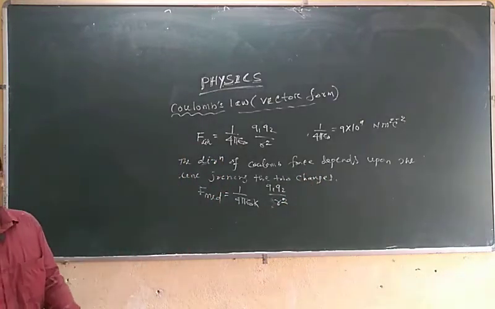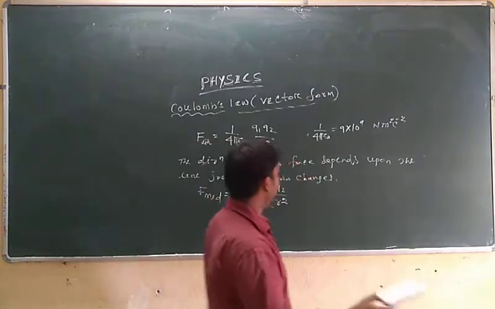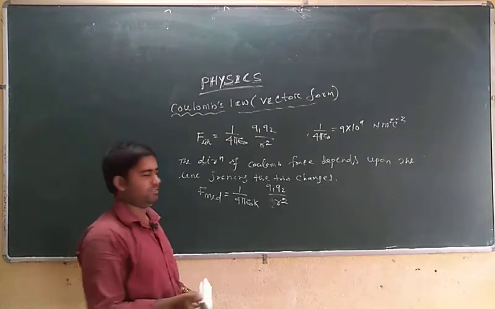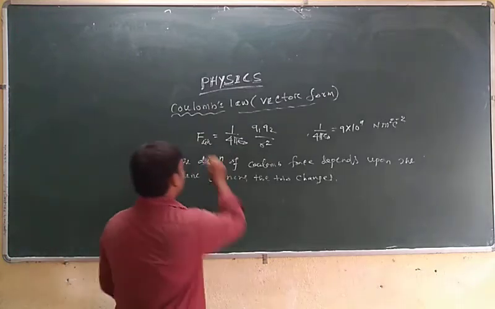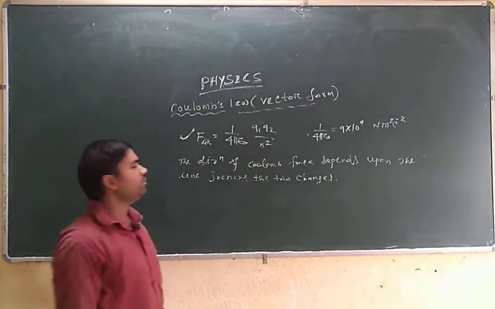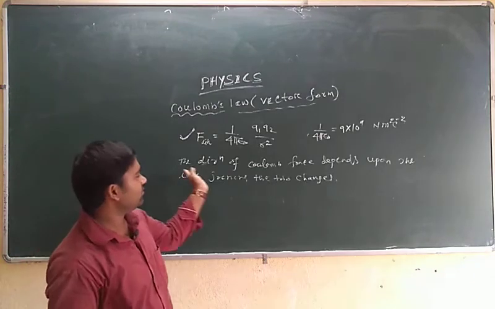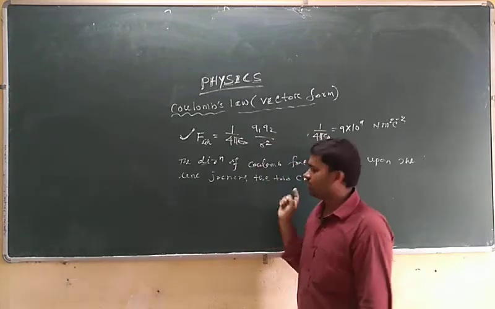Again you may ask how it can depend upon the line joining two charges. Suppose I take the case that the two charged particles are placed in an air system. The force between the two charged particles will be 1 by 4 pi epsilon naught q1 q2 by r square, and the direction of the Coulomb force always depends upon the line joining the two charges.